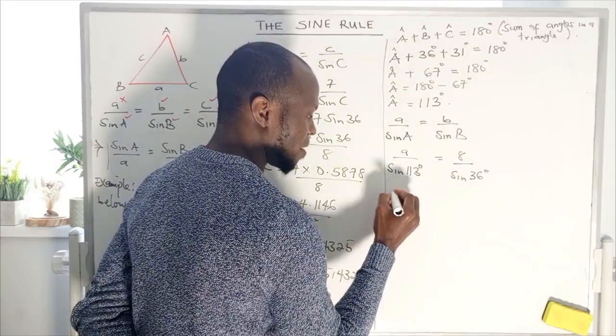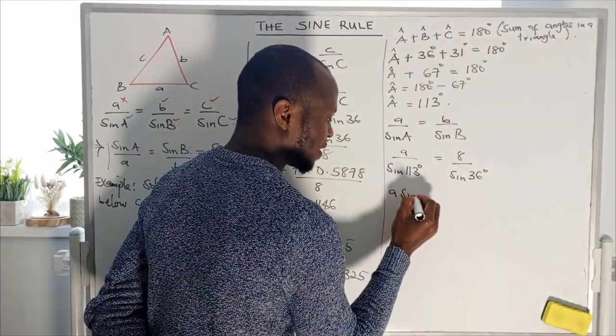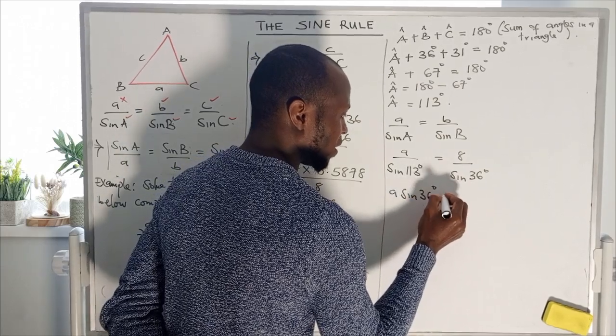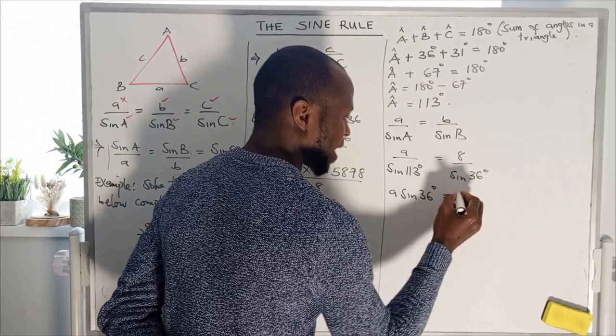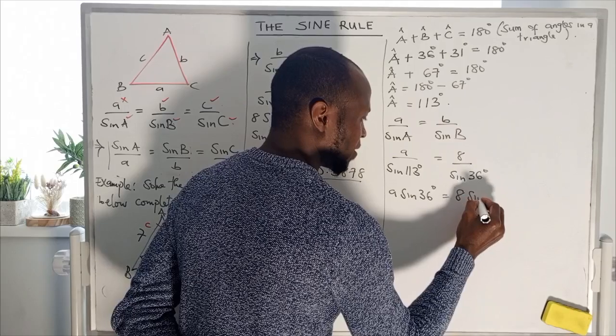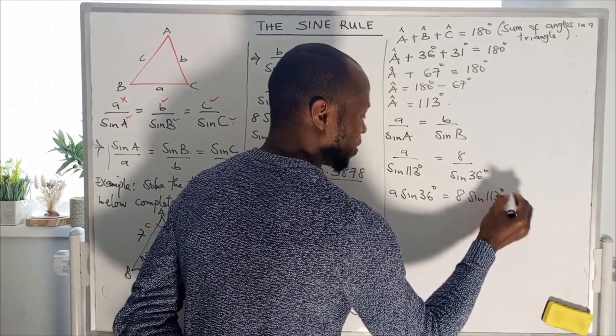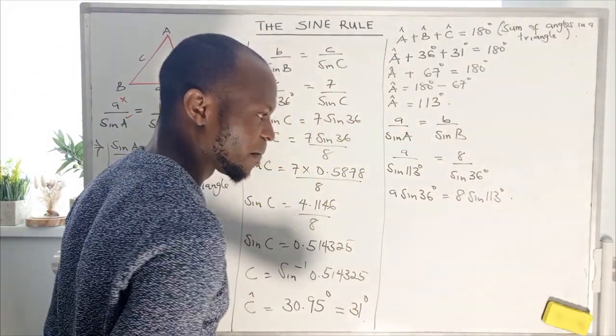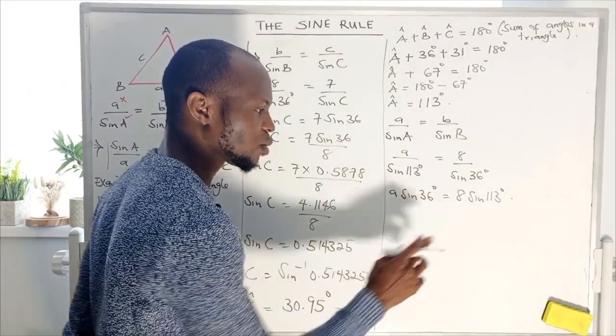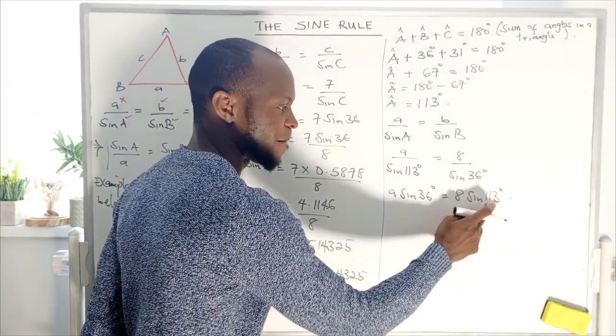If you cross multiply, my A sine 36 degrees equals 8 times sine 113 degrees.